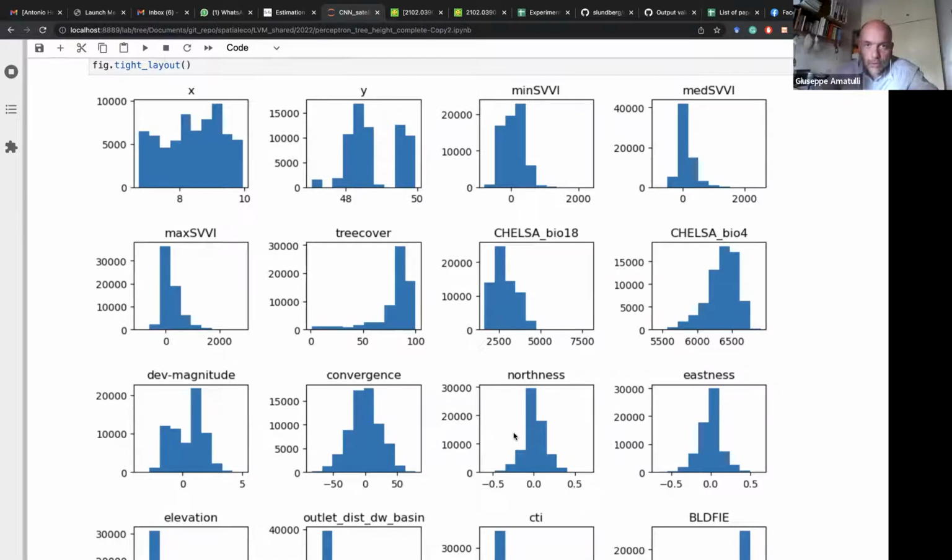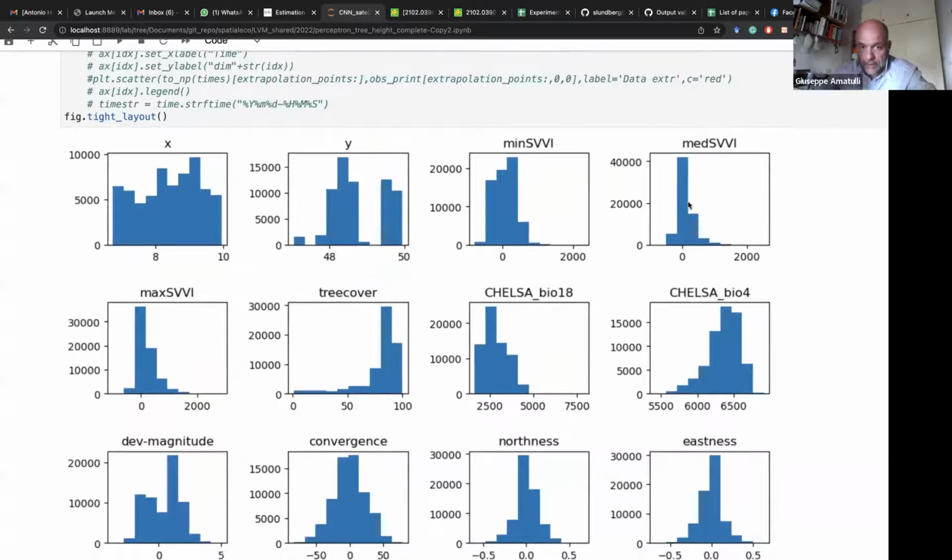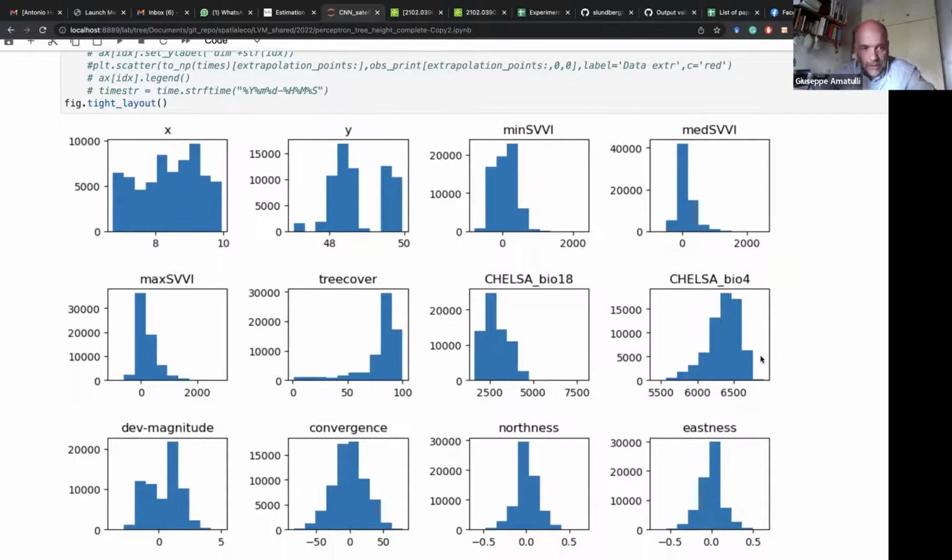Yes, I can cover it quite fast. X and Y are latitude and longitude. Then the SVVI are vegetation indices from satellite data. The tree cover is the percentage of trees in terms of canopy cover. Then Chelsa are climate indices: one is more a temperature index and the other more a precipitation index.